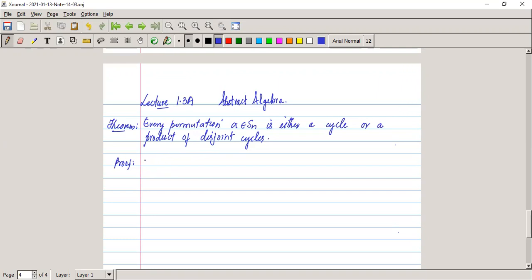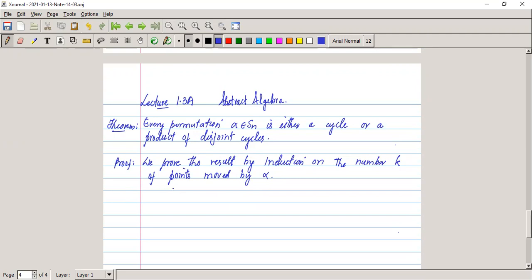So the proof is by induction on the number k of points moved by the given permutation alpha.